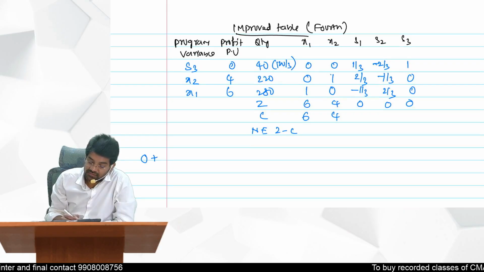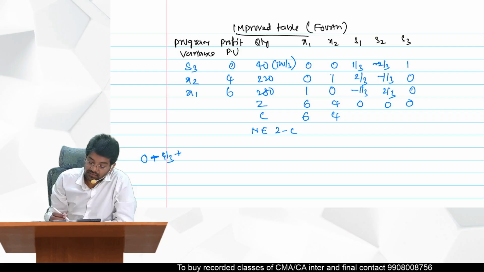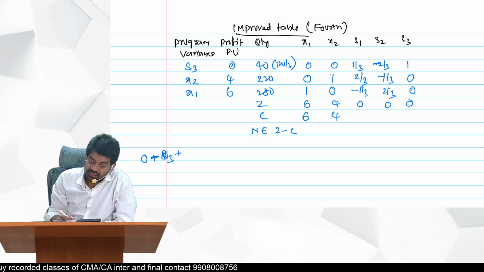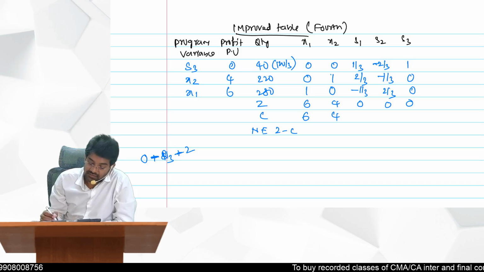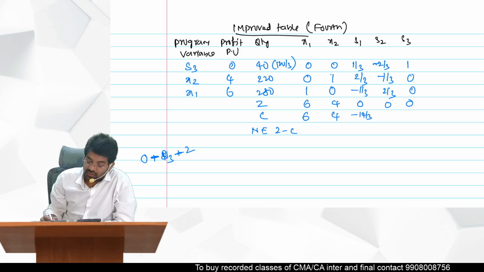Second one: minus 4 by 3 plus 2 by 3 into 6. 2 by 3 into 4 is 8 by 3 plus minus 1 by 3 into 6 is minus 2. So this is minus 14 by 3.